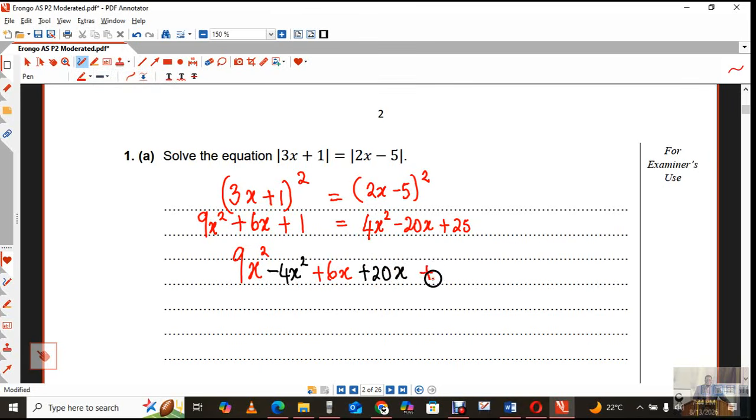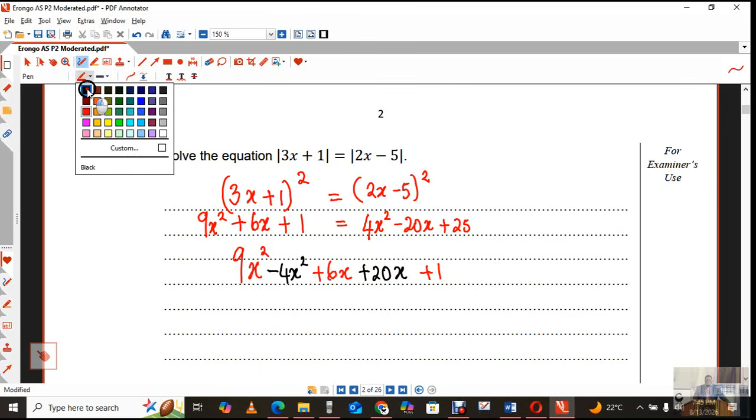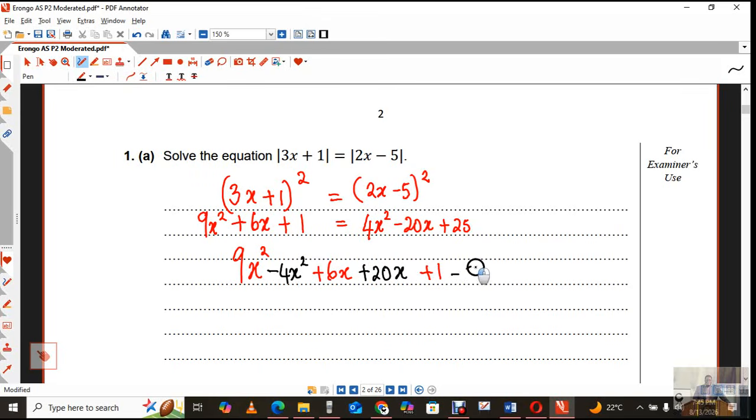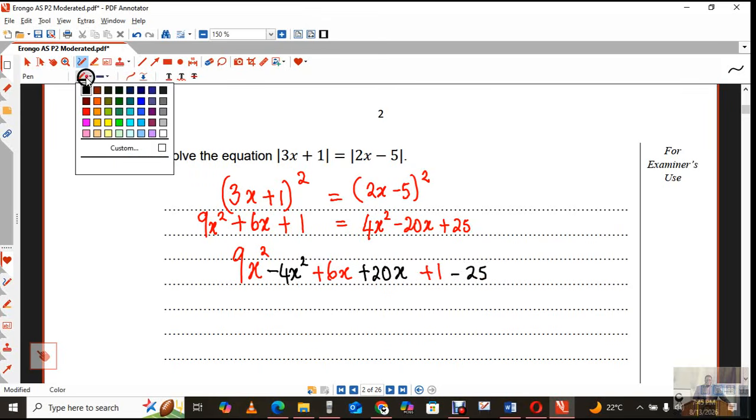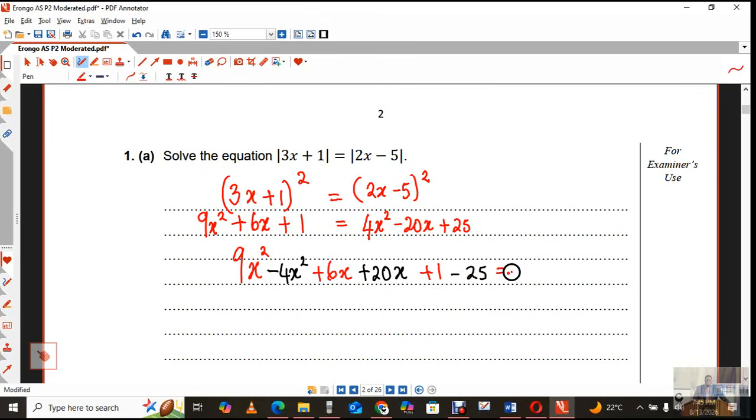You have a plus 1, and then obviously you subtract that 25. So at the end of the day, you are left with 5x squared plus 26x minus 24, which you can solve in order to find your solutions.